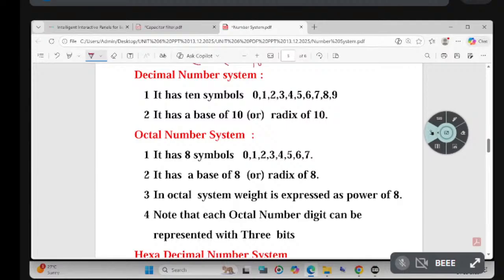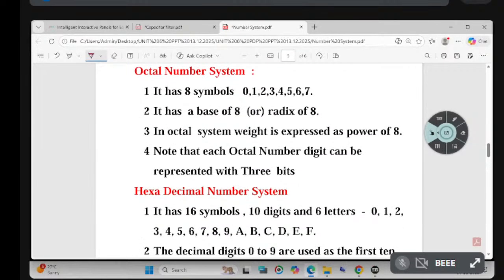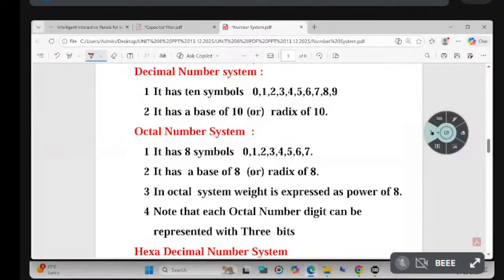Next one, octal number system. After that, we'll do problems on octal number system.